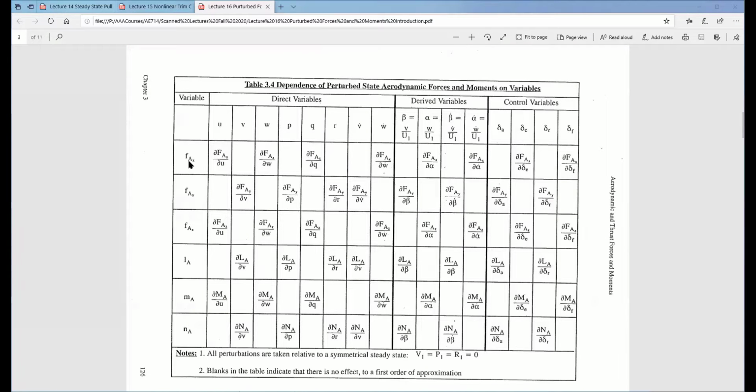Here's FAX, here's the drag. It says the drag depends upon forward speed, vertical speed, which is really in terms of alpha, W dot, alpha dot, elevator, and flap. And he leaves out the lateral directional and the longitudinal. Pretty much by the time we're done with this chapter, you'll have this memorized anyway, especially since you know it might be a question on the test. I don't mean the chart, I mean the linear models that we're going to develop.